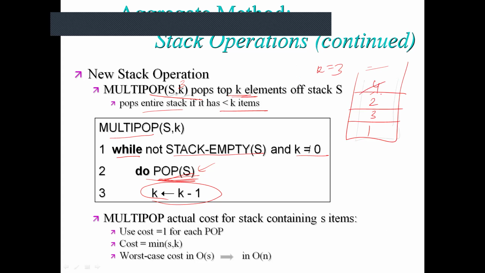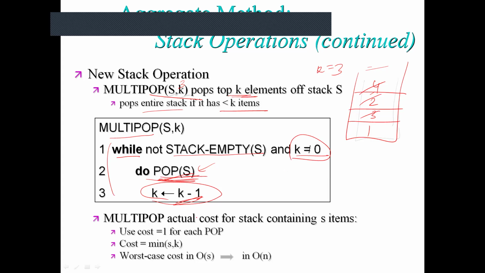So 4 will be deleted, 2 will be deleted, and 3 will be deleted. Every time the loop runs, we decrement the value of k so that it works 3 times, from 3 down to 1. Until k becomes 0, we keep on deleting using the pop function.